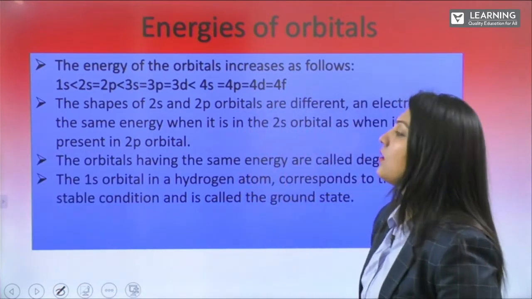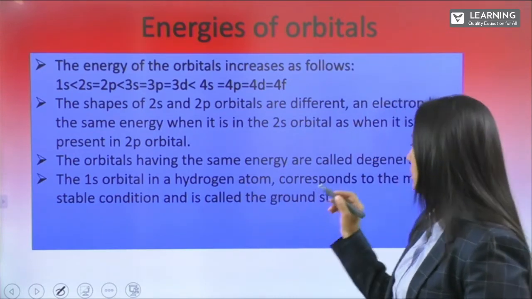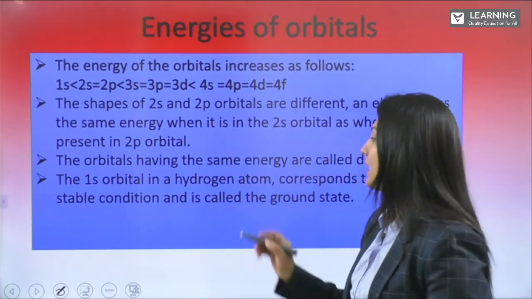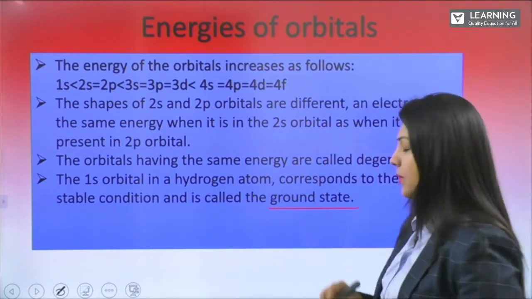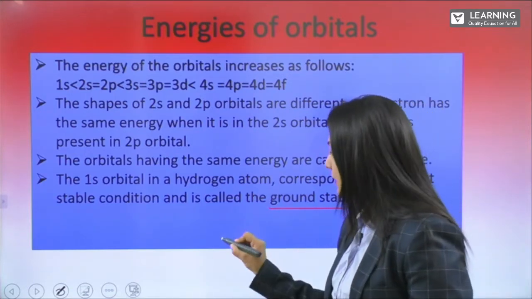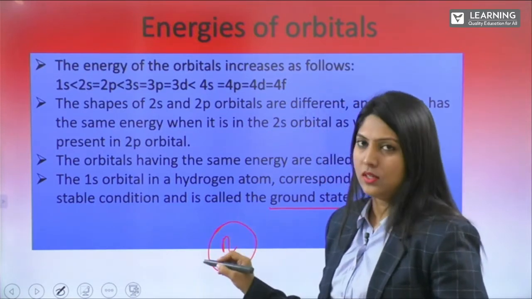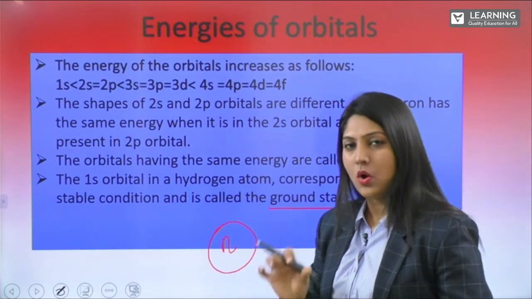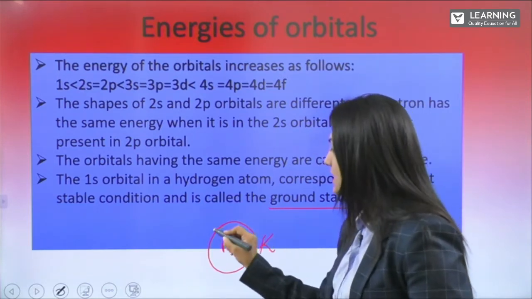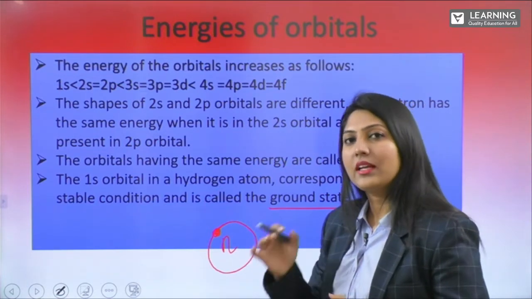The first 1s orbital in the hydrogen atom corresponds to the most stable condition and is called the ground state. What is exactly the ground state here? If the nucleus is present, the one nearest to the nucleus gives the first orbit, that is the K shell. If you have electrons in this K shell, they are in the ground state.